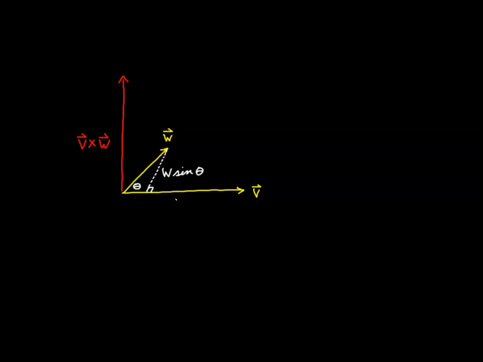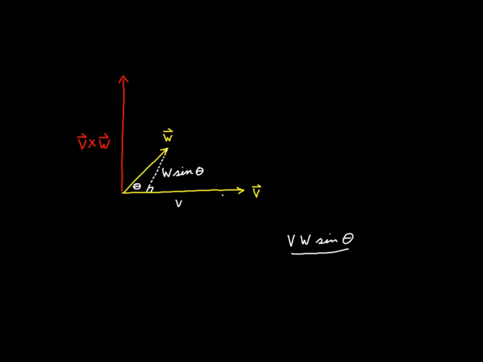Okay, well, you'll remember we derived the fact that the magnitude of our cross product here is equal to the magnitude of vector v times the magnitude of vector w times the sine of the angle between the two. All right, so if we were to multiply the magnitude of vector v times this segment we've constructed, which is w sine theta, then this is the magnitude of the cross product.